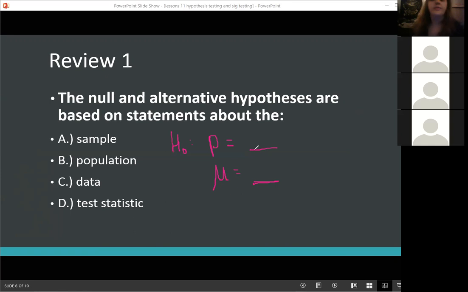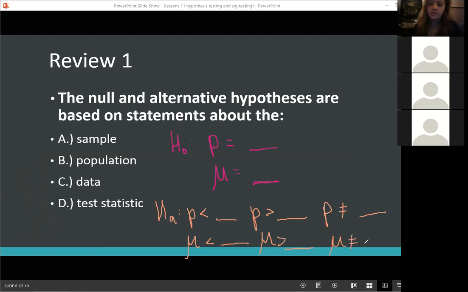And for our alternative hypotheses, you can have p is less than a value, p is greater than a value, or p is not equal to a value. And the other option is that mu is less than a value, mu is greater than a value, or mu is not equal to a value.